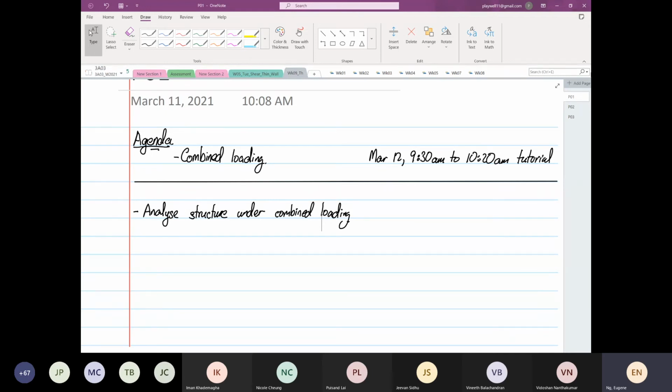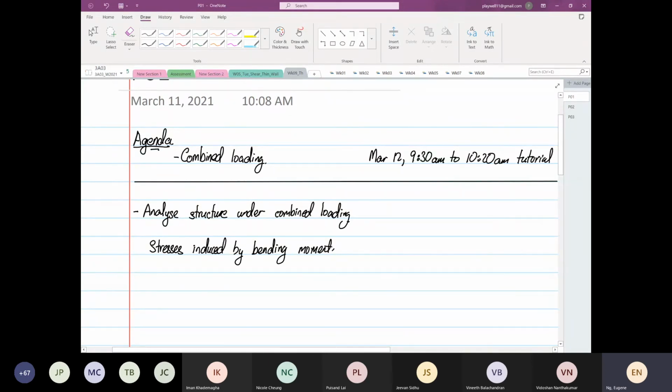The first one is known as bending moment. Stresses induced by bending moment.